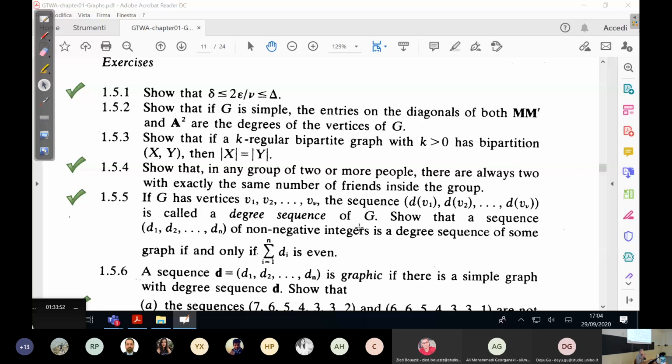This tells you if you have a degree sequence, then surely the sum of all numbers is even. But what I'm asking is, if I'm given such a sequence with the sum which is even, is there a graph with exactly those degrees?